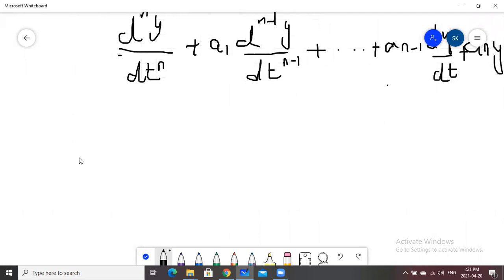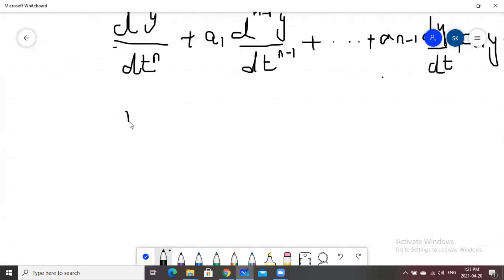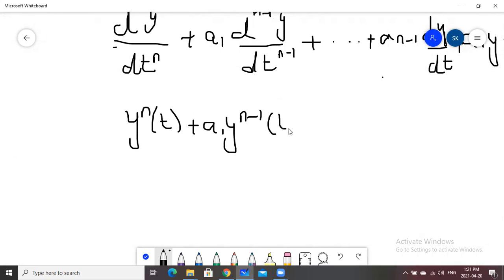When we write it like this, it is a bit complicated. Now let's write it in its simplest form, that is, we get y^(n), the variable y differentiated n times with reference to the variable t, plus the second term, suppose this was 4, a1 y^(n-1), again differentiated with reference to t.